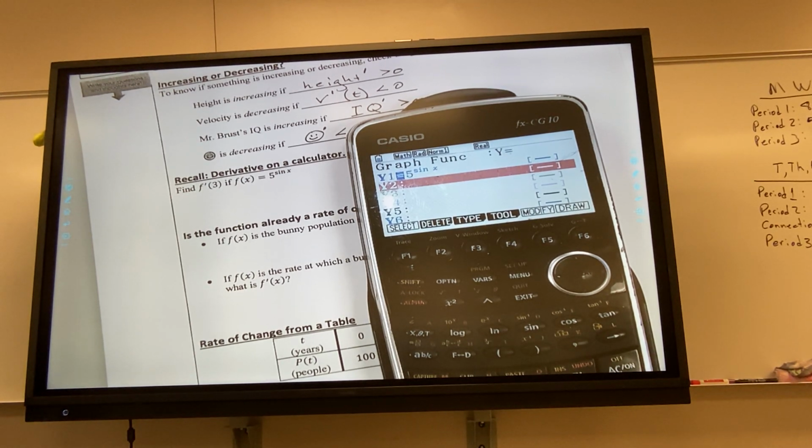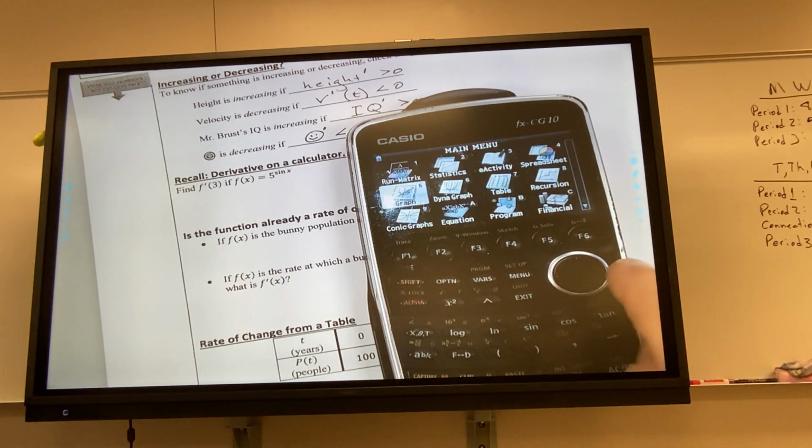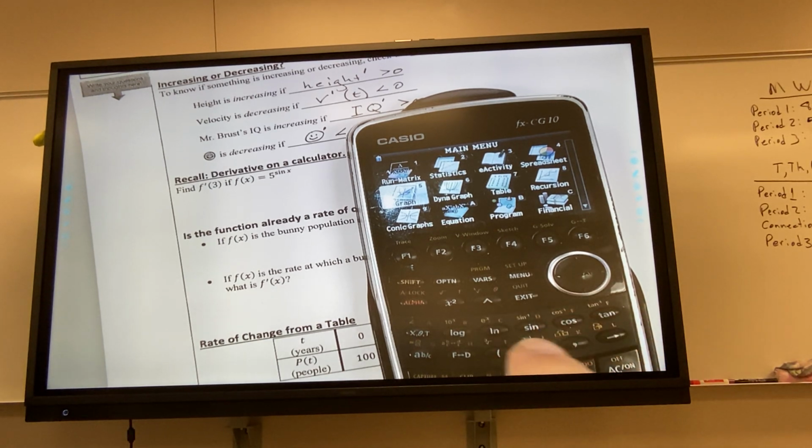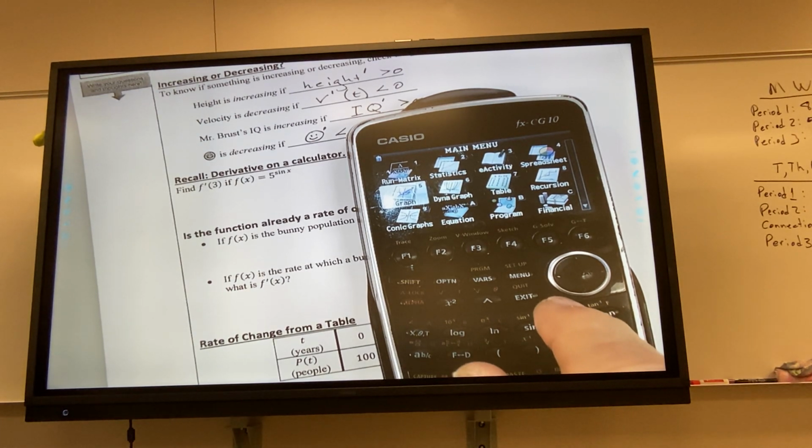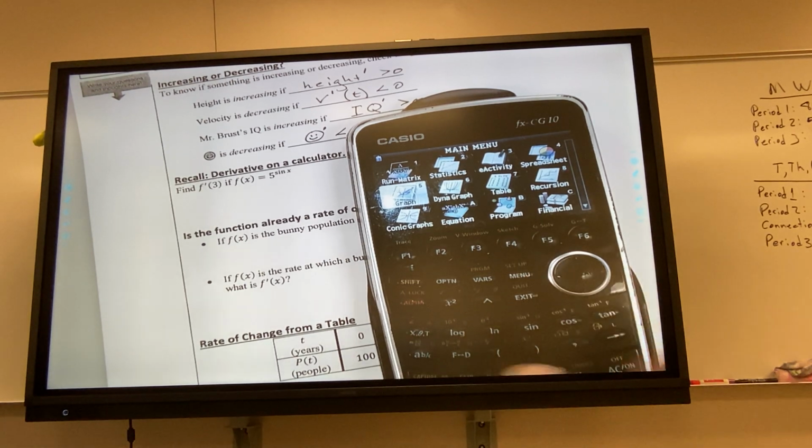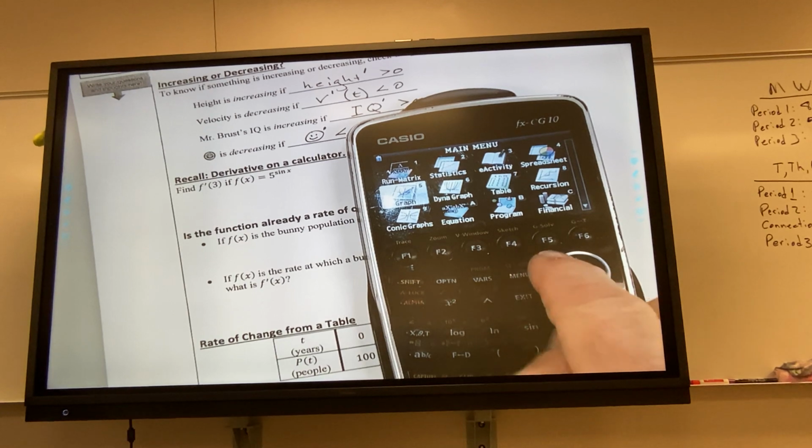All right, now I'm going to go back to my menu. For TI people, you're going to go to your math button, and I think it is 8. Go to 8. Get y1, comma x, comma 3.